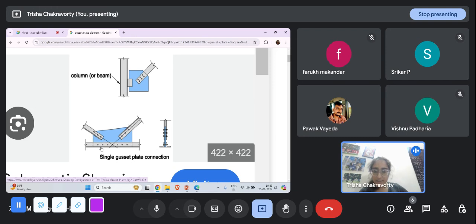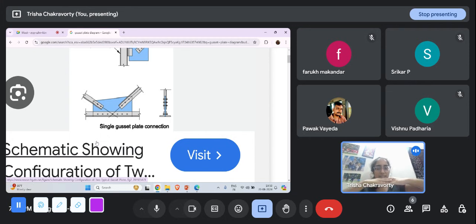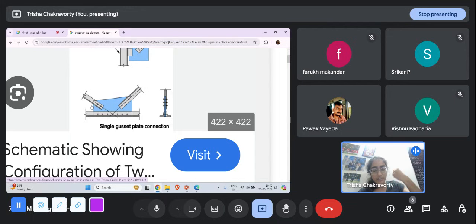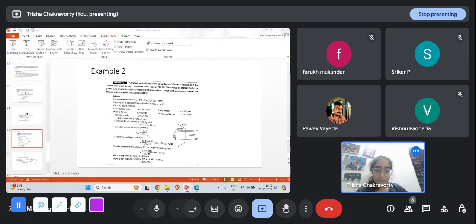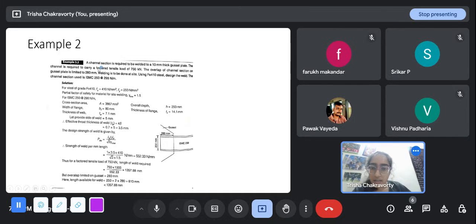So this blue thing is a gusset plate, just an intermediate where all the members come and meet, and we can bolt or weld them to the gusset plate instead of to each other. Otherwise, if there are 5 or 6 members meeting at a single point, you can't keep on placing them overlapping, so the bolts won't be long enough, and it won't work out and the welds will also not work out that way. So the gusset plate helps when multiple sections come at a point.